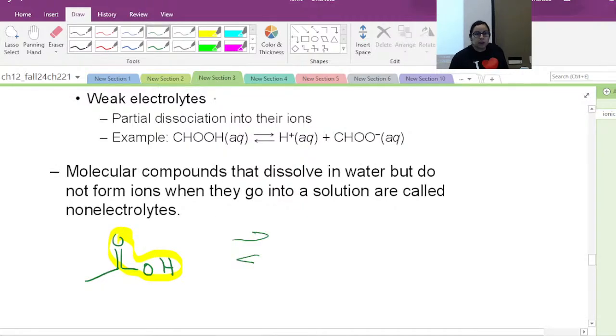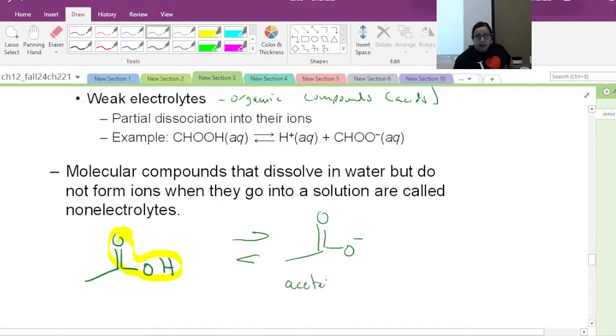These weak electrolytes tend to be organic compounds that are acids. They have an acidic proton, and all we're saying is that there's some sort of equilibrium, and we're going to see that with the acetic acid. The acetic acid partially disassociates into, don't forget this is acetate, and then H plus or hydronium.